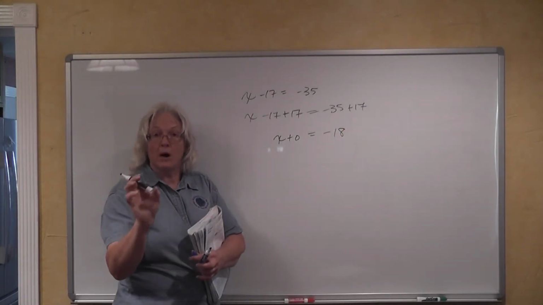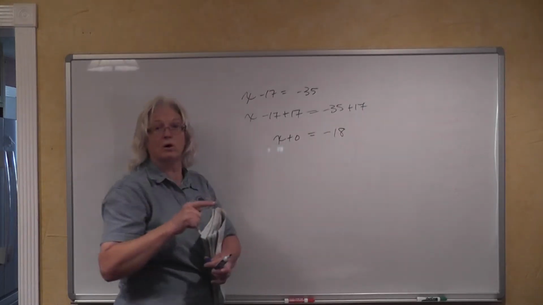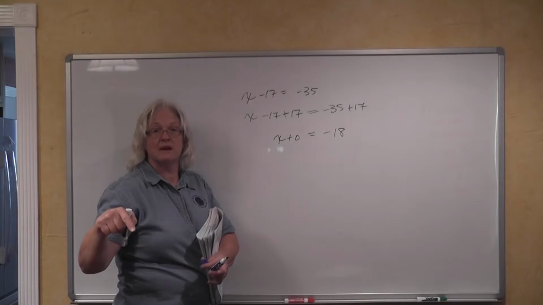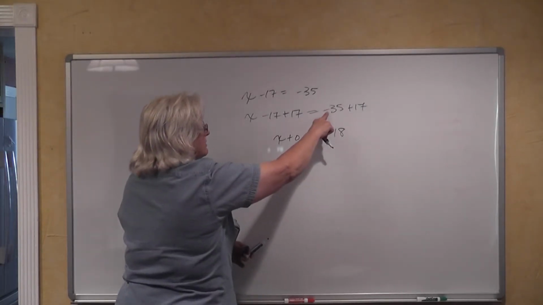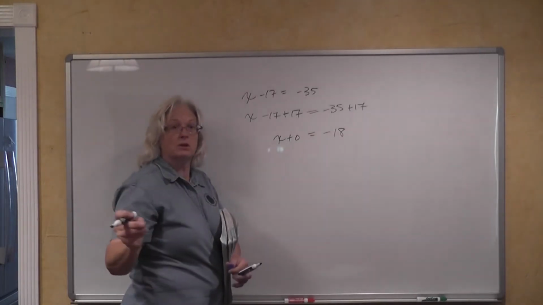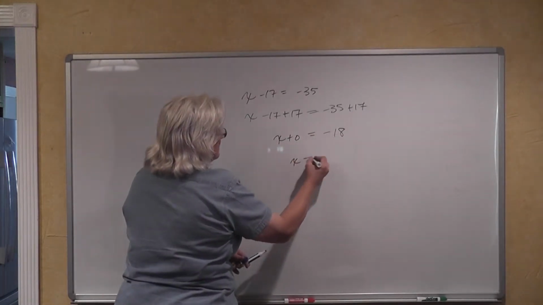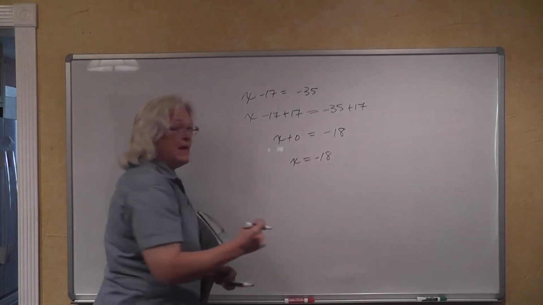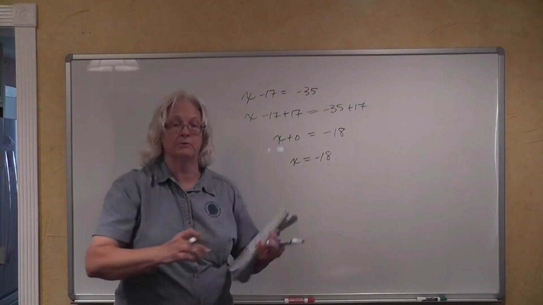When you're dealing with oppositely signed numbers, subtract the smaller absolute value from the larger. 35 minus 17 is 18. And we go with the sign of the number that has the largest absolute value. So we have x plus 0 is negative 18, or x is equal to negative 18, and that is our solution.